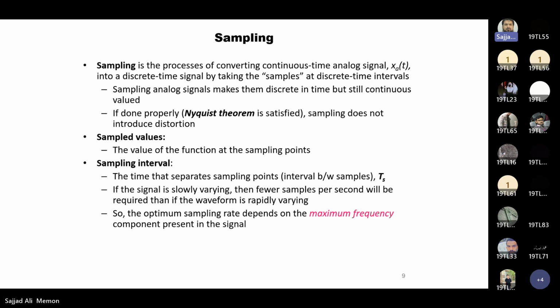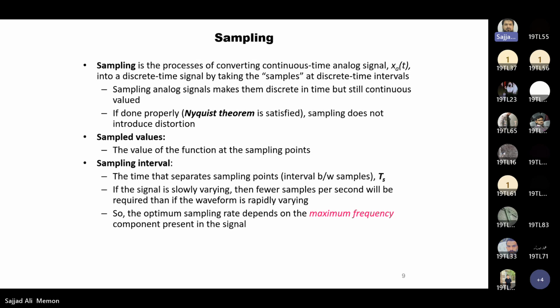So if I say a signal is of 2 kilohertz, that means it is being transmitted at a rate of 2000 cycles per second. So we will sample this analog signal accordingly, as the Nyquist theorem says that the sample rate should be greater than or equal to twice the maximum frequency. It is not equal, but it says greater than twice the maximum frequency.